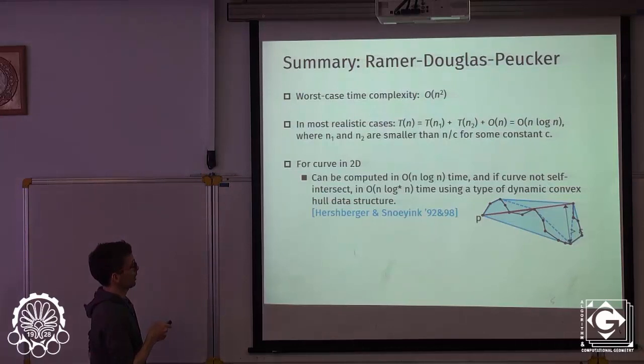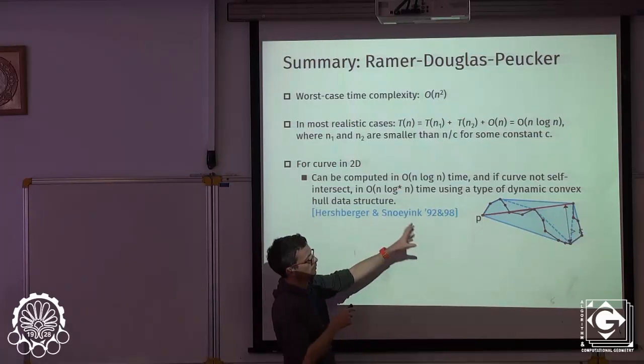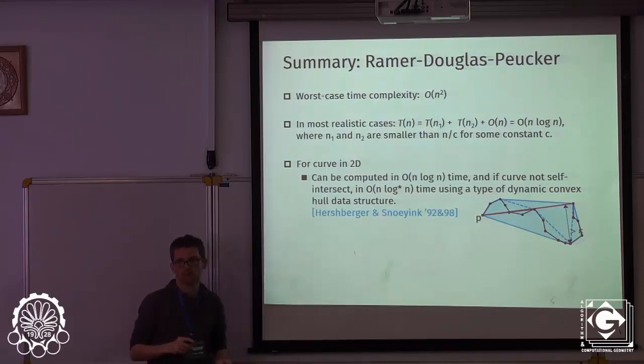There's also nice theoretical work on this, so it can actually be computed in n log n time, and for non-self-intersecting curves in n log star n time. The idea there is using dynamic convex hulls.